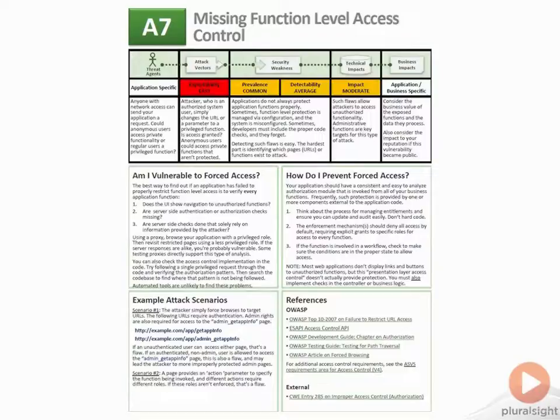And indeed, that's why missing function level access control is still there in the OWASP top 10. This remains a serious risk, and it's possibly even more of a risk for APIs due to the fact that they're not so immediately apparent than what it is for HTML websites. So do secure those APIs that you may think nobody else can see.